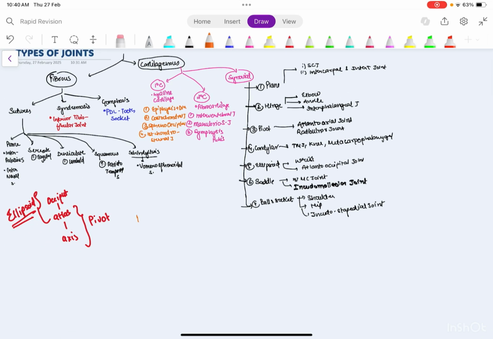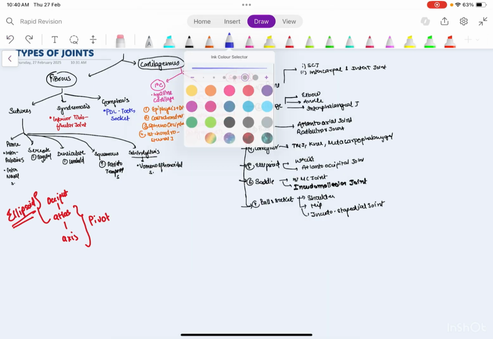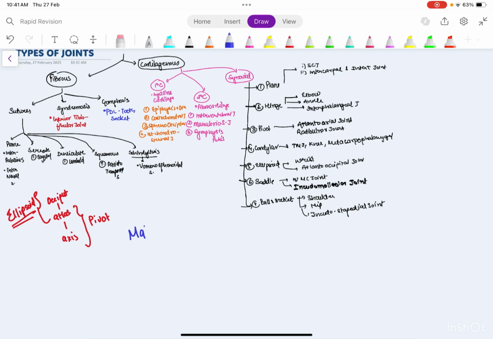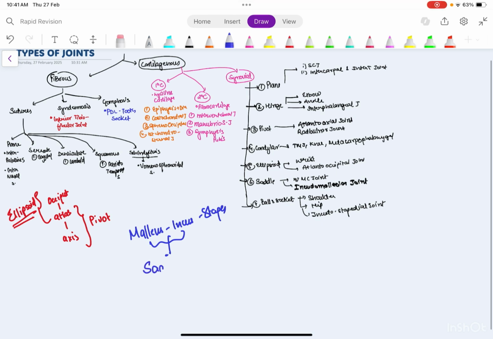All right, so then another example that we are usually asked is this one. We have malleus, incus, and stapes. So this joint is the saddle joint. Just give me a second. So this is the saddle joint, and this one, incus, is ball and socket.